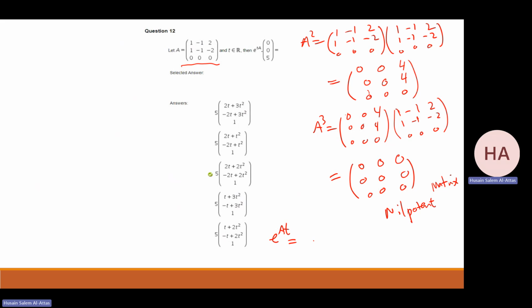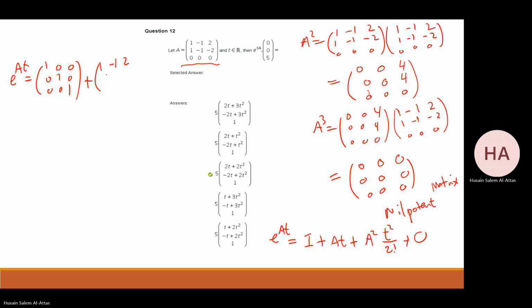That will be I plus At plus A squared t squared over 2 factorial plus 0. That means e to the power At is [1, 0, 0; 0, 1, 0; 0, 0, 1] plus A, be careful here, [1, -1, 2; 1, -1, -2; 0, 0, 0] t, plus [0, 0, 4; 0, 0, 4; 0, 0, 0] t squared over 2.